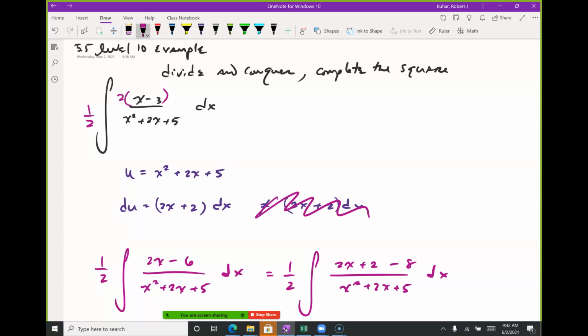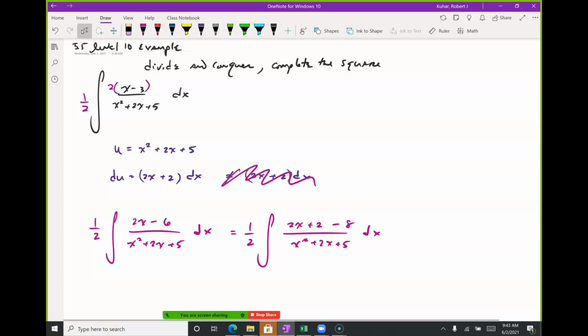So we had in that level 3 part add 0, right? You can see here it looks like I added 2, but really I added nothing. And now I'm ready to divide and conquer. Now that I've got what I needed for my u, I can divide and conquer.